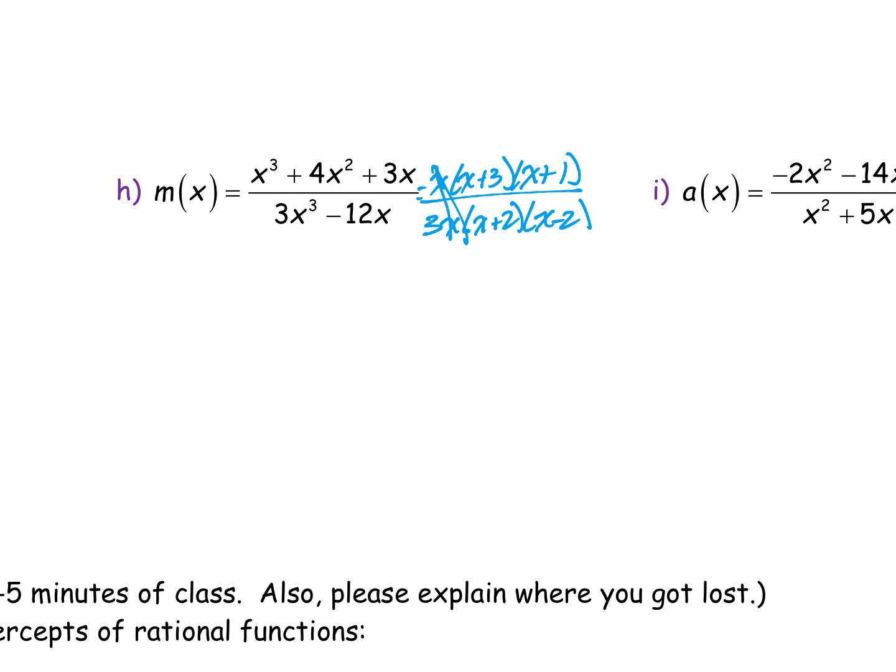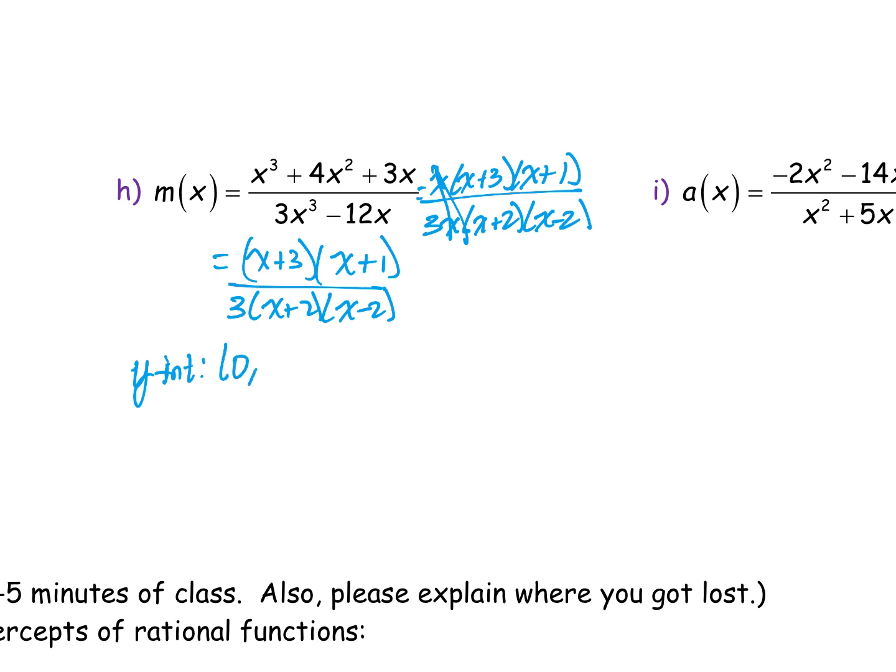And so I get left with this really ugly problem still, x plus 3 times x plus 1 all over 3 times x plus 2 times x minus 2. So then I have a y-intercept of 0 and -1/4. And I have an x-intercept at -3, 0 and -1, 0.